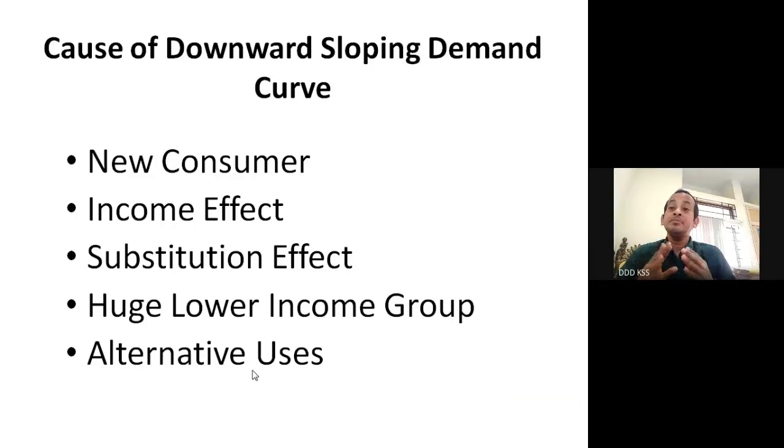But if the price per unit of electricity goes down, consumption for these alternative uses of electricity will increase. So this kind of alternative use is also a reason behind the downward sloping of the demand curve. So these are some reasons why the demand curve slopes downward.